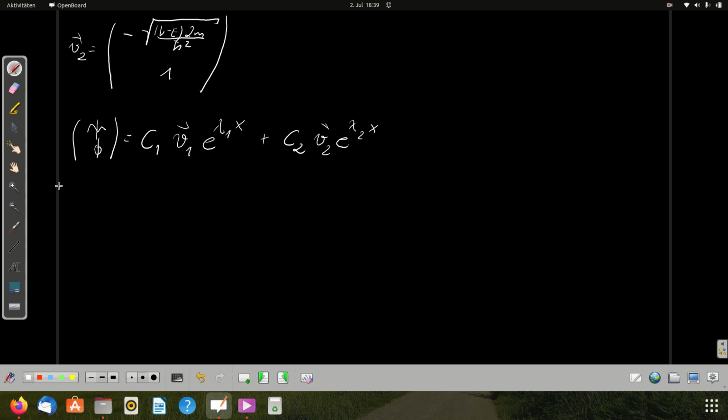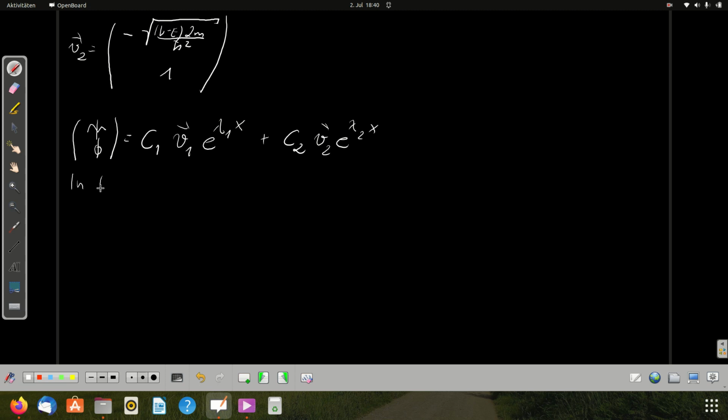Now the question is, why did we do this? Now we are in a position to write down general versions of this psi phi vector for the different regions we have defined in the beginning.